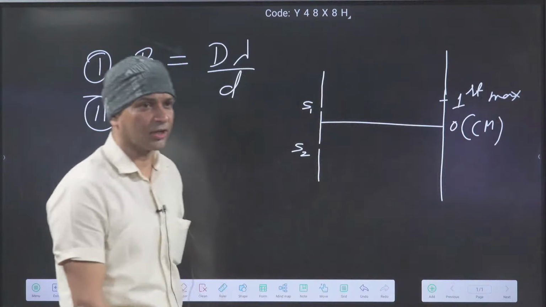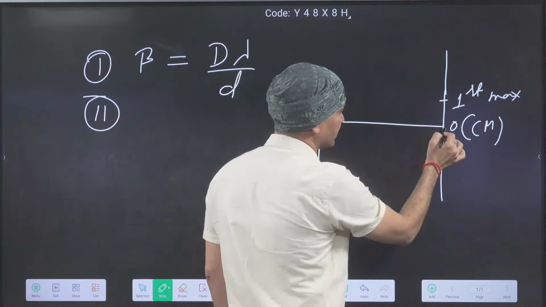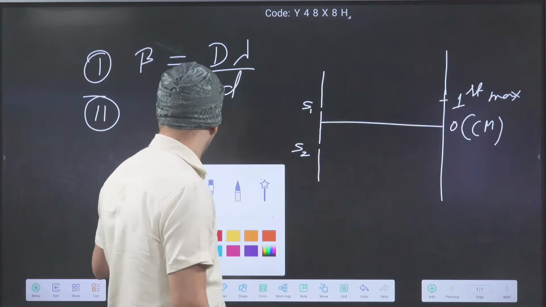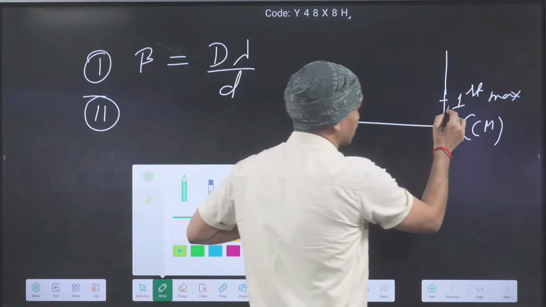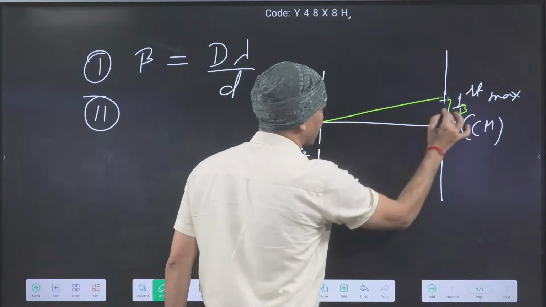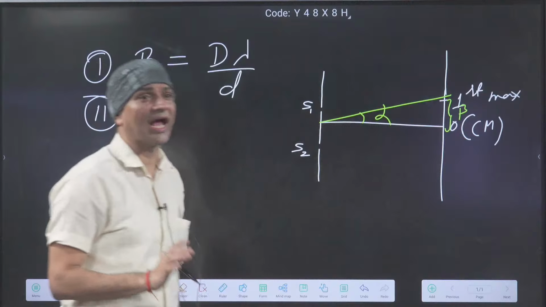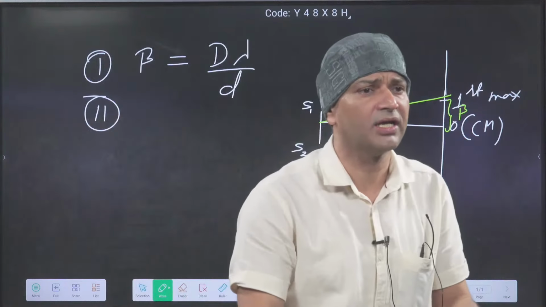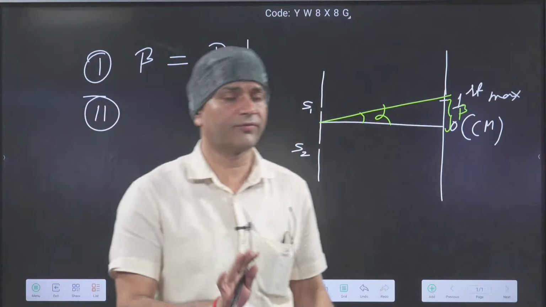The fringe width is the distance between consecutive maxima or consecutive minima, so this is beta. What is the angle it is making here? That is called the angular fringe width, meaning the angle subtended by the fringe width at the bisector of the slit.